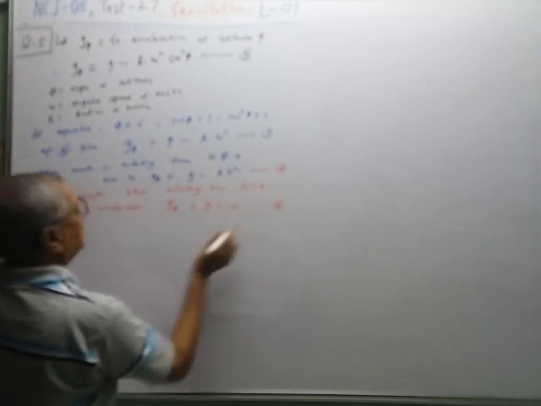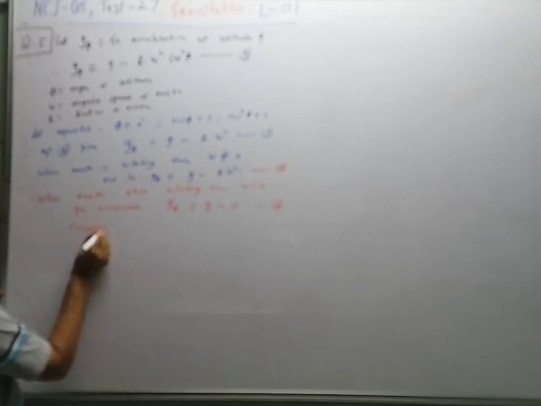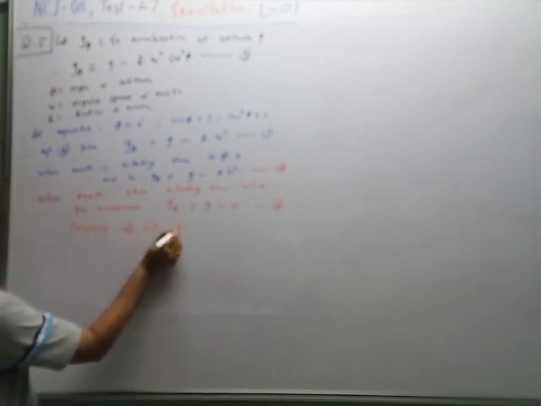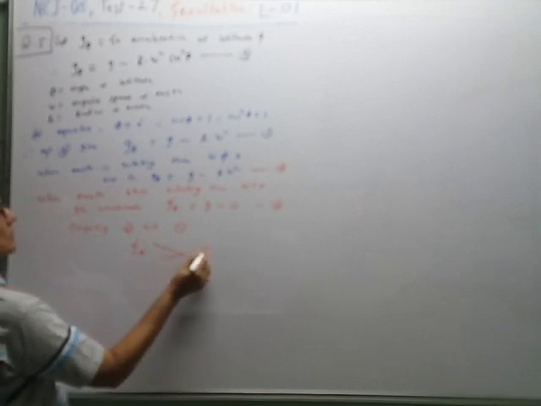This is equation B. Comparing B with A, g dash phi is greater than g phi.